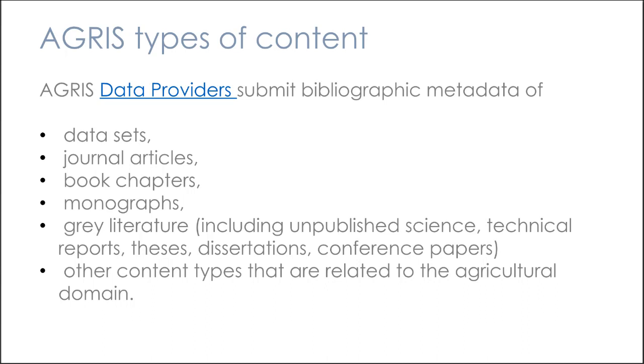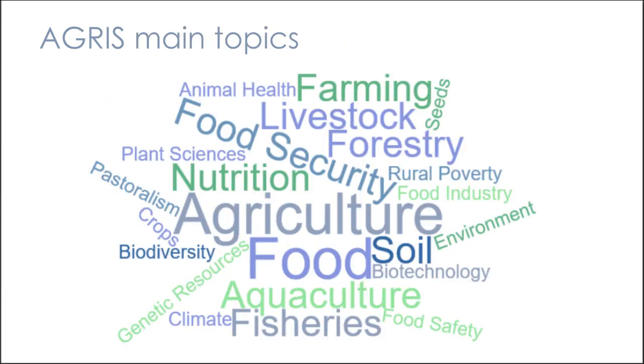Then there are also other content types, and there is basically anything related to the agricultural domain. I have talked already about the main topics. So AGRIS is basically about everything that has to do with agriculture, food, and nutrition. Those are, of course, the main topics of the Food and Agriculture Organization, and everything that is related, for example, food security, farming, seeds, climate, genetic resources, biodiversity, but also rural poverty, food industry, and so on.